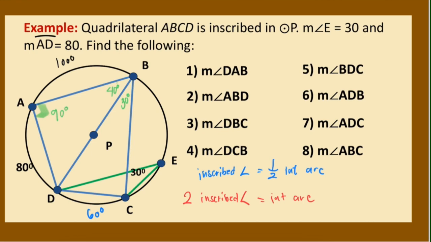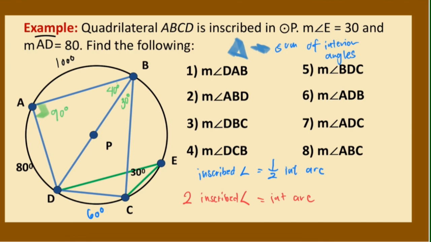Okay, what else do we need to find here? Look at this one. ADB. What is that? It's a triangle. And always remember, guys, if you have a triangle, the sum of its interior angles will always be equal to 180 degrees.